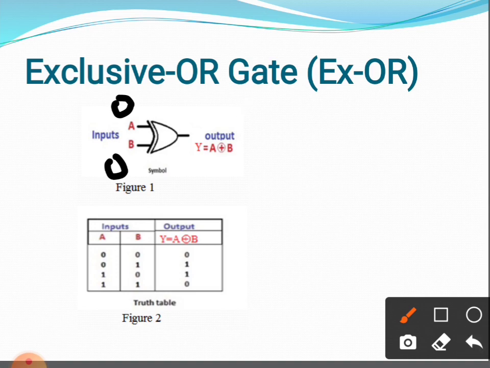And when we pass A is equal to 0 and B is equal to 1, then output will be 1. And when we pass A is equal to 1 and B is equal to 0, then output will be 1. Now consider the last condition. When we pass A is equal to 1 and B is equal to 1, then output will be 0.